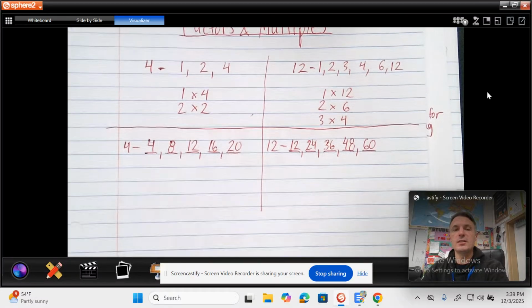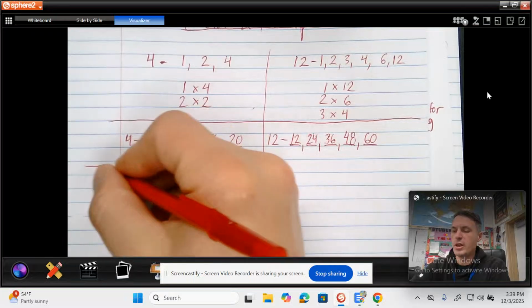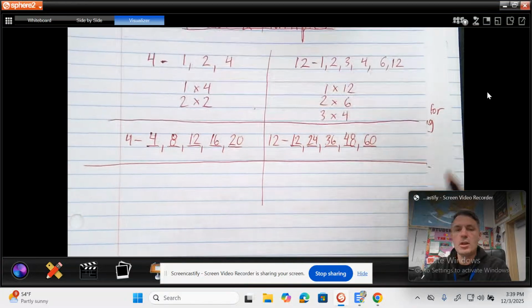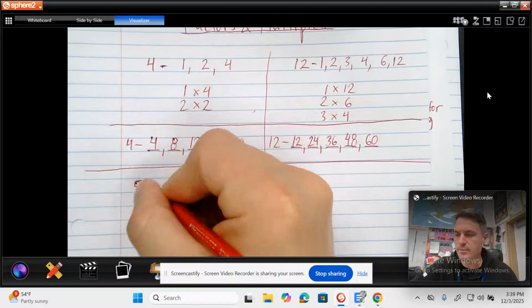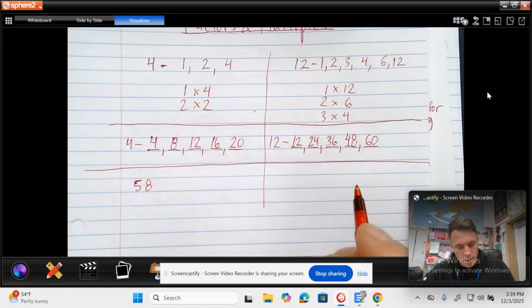Okay, let's list the factors and the multiples of some other numbers. Let's take, I don't know, the number 58. So the factors of 58 are all the numbers you can multiply together in order to equal 58.